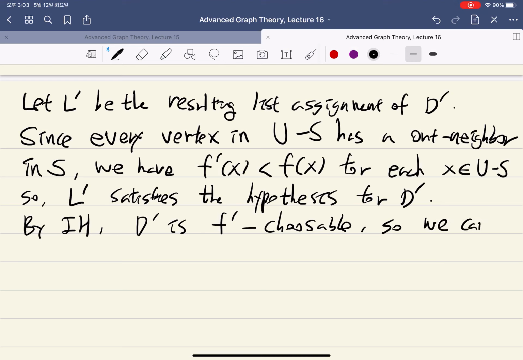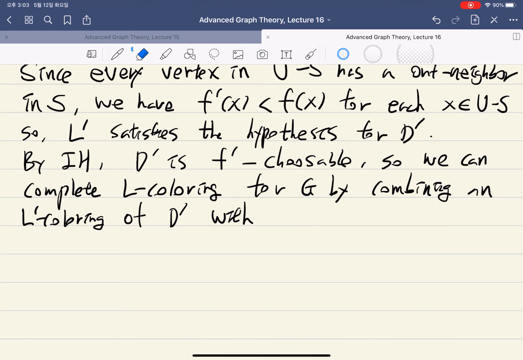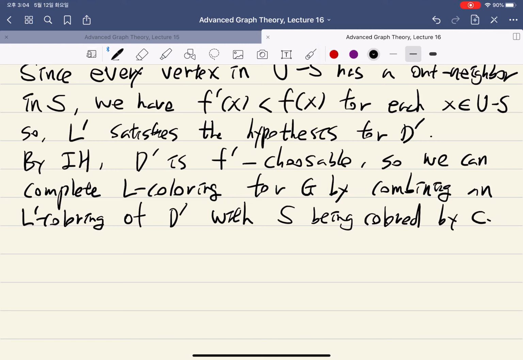So we can complete the L coloring for G by combining an L prime coloring of T prime with the vertices in S being colored by C. So this finishes the proof of this lemma.